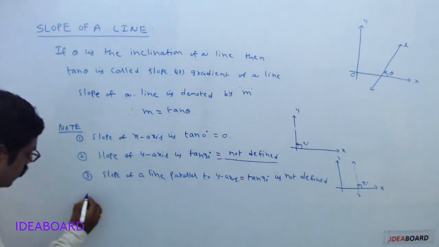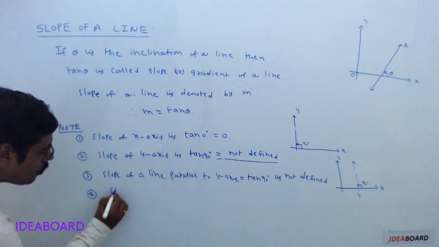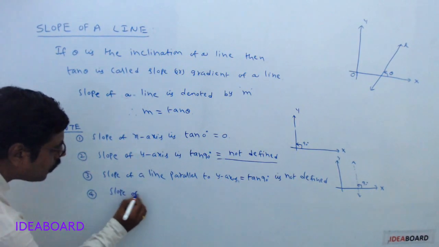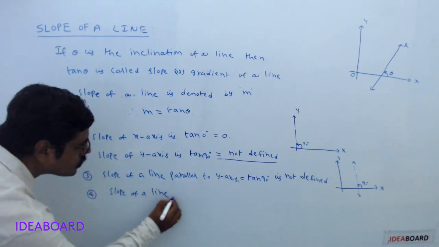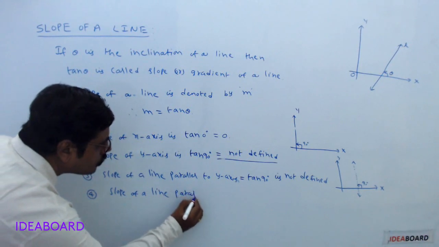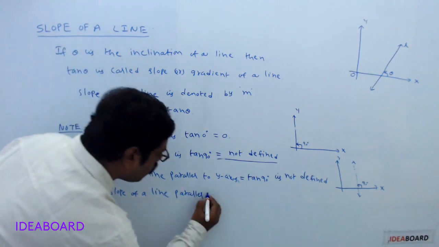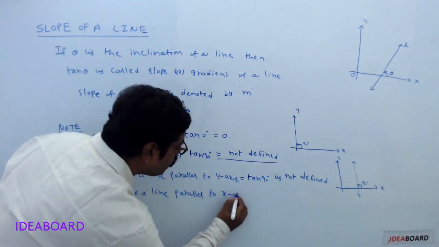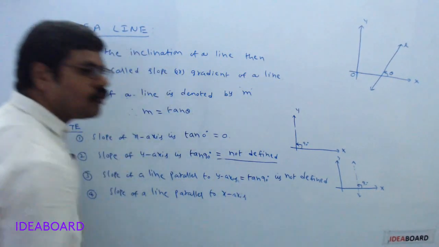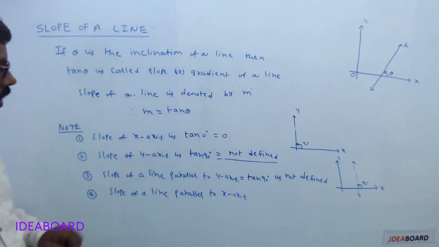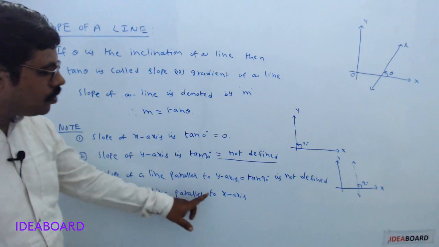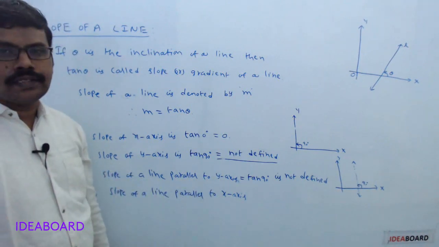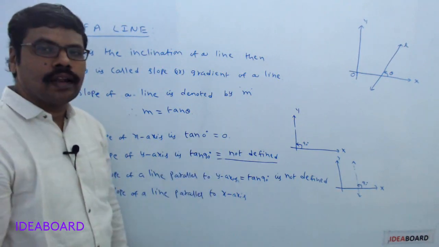Then see the next pointer. Slope of a line parallel to x-axis. First tell me what is inclination of a line parallel to x-axis. Now first take the coordinate axis.